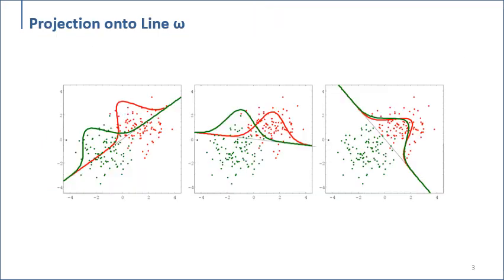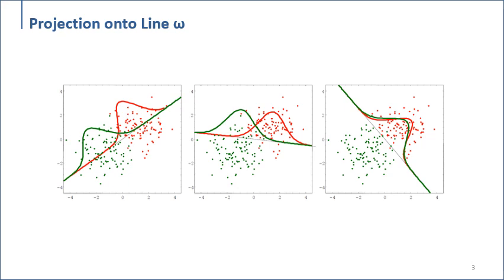And let me explain FDA in a graphical way. Here, let's say we have data labeled as the green ones and the red ones. Our goal for FDA is projecting these data so that we can reduce dimension from 2D to 1D.